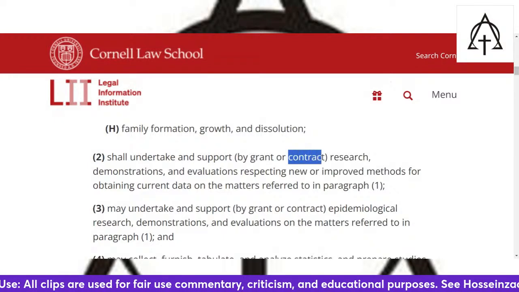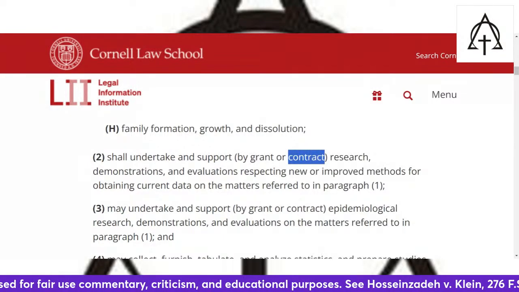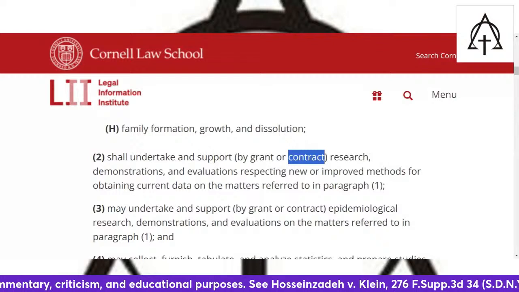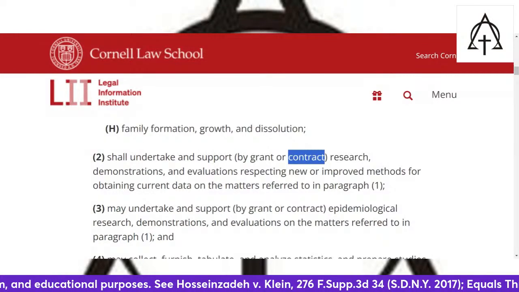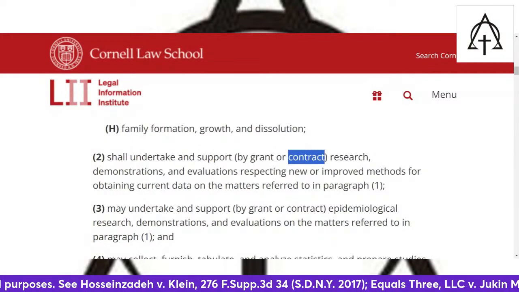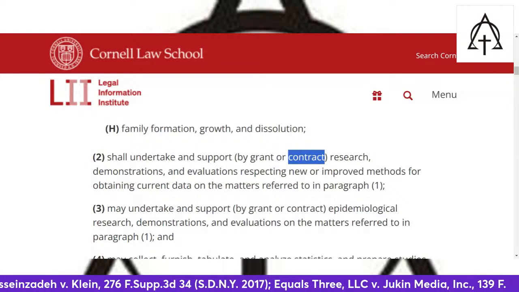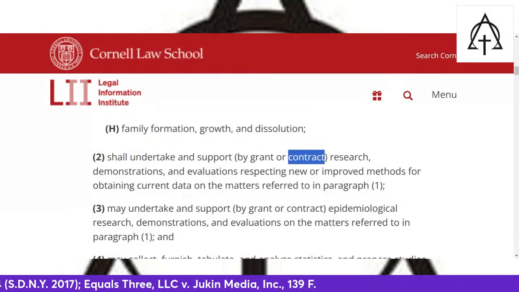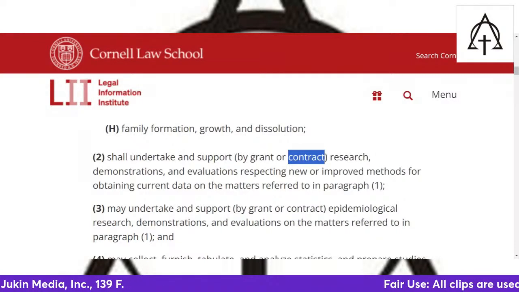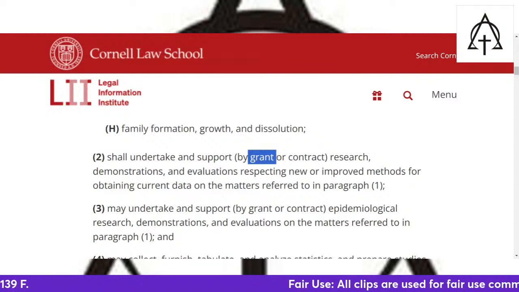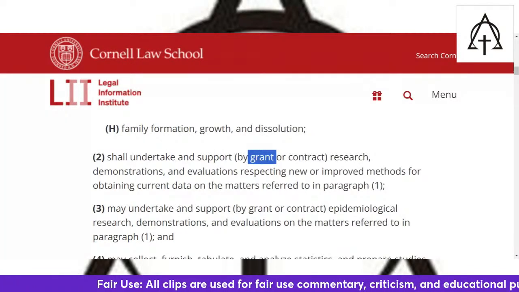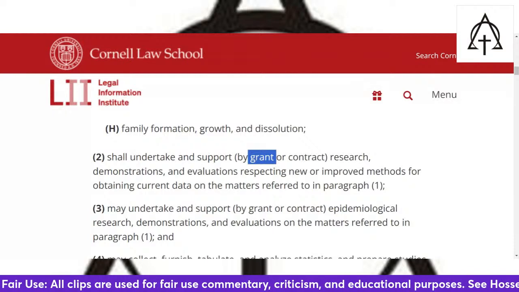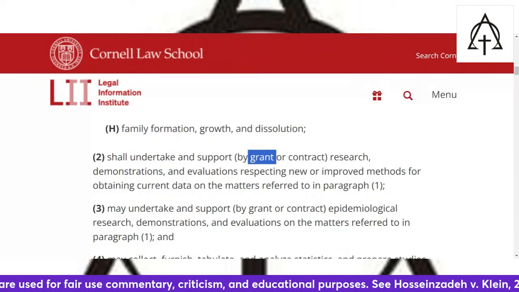Okay, the contract has warranted information assuring that everything will go according to plan, and that if it doesn't, there is a remedy, and here set forth is that remedy. Whatever your indemnification agreement or arbitration agreement you want it to be, you write it out. That's the contract. By grant, what is grant? Grant is an assurance. By grant or contract, they're both basically the same thing. It's an assurance.